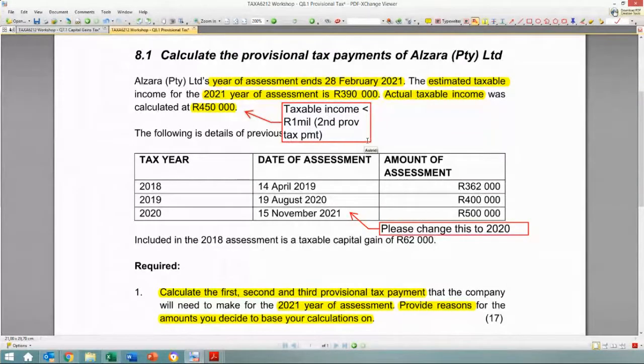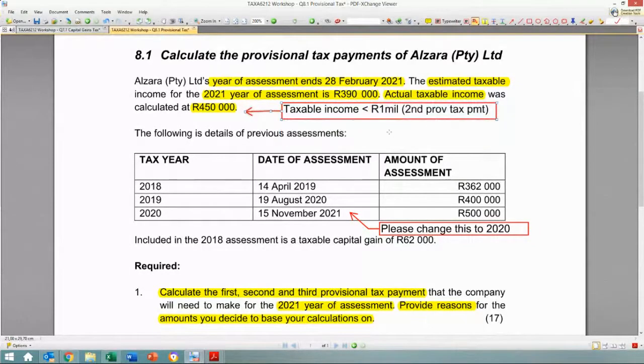Because that means we have to go look at the basic amount as well as 90% of our actuals when we do the calculation to avoid any penalties.